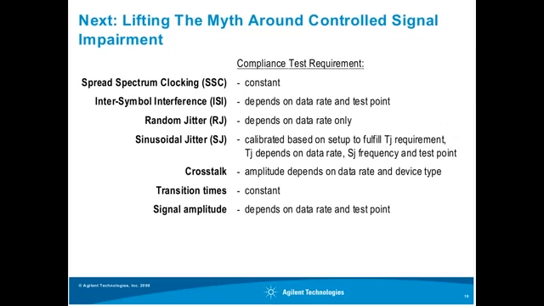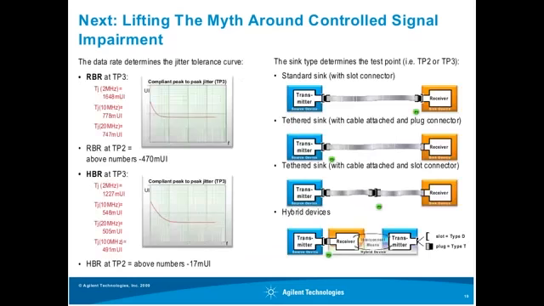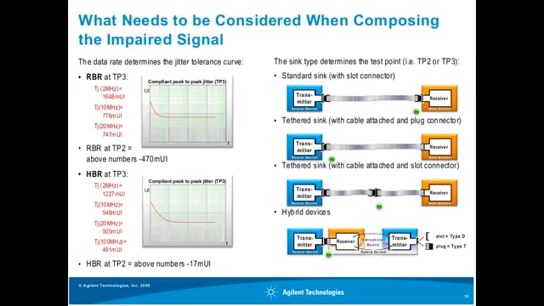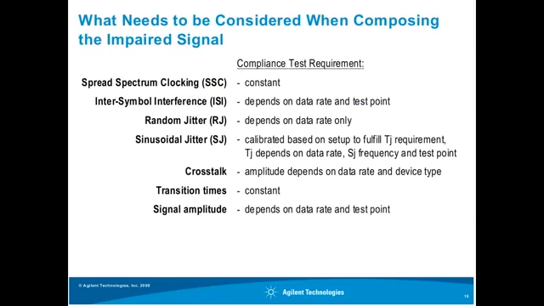The amplitude depends on the data rate and the device type, which is different. So we have different amplitudes for all those types here, and even though this is TP3 and this is TP3 and this is TP2 and TP2 here, we have different amplitudes for those devices.